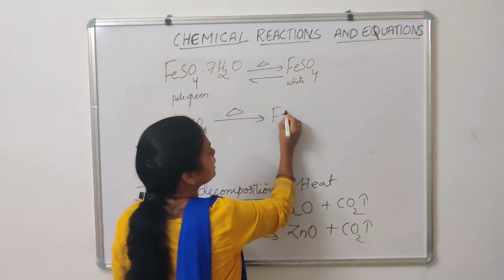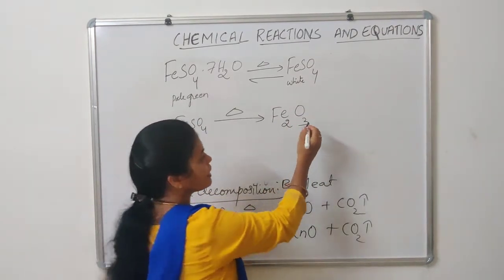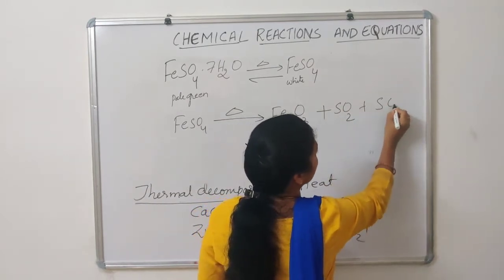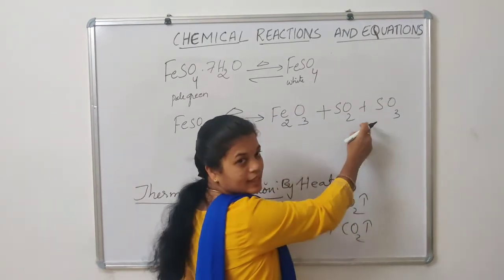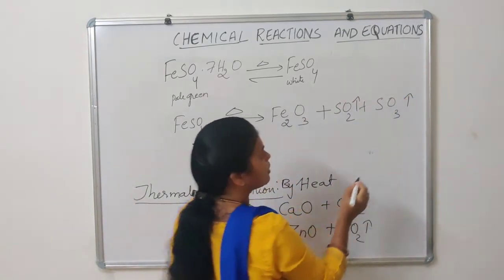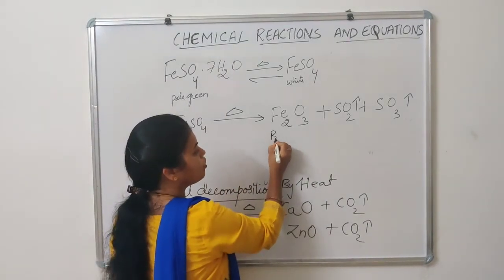Iron sulfate decomposes to iron oxide, or ferric oxide. Two other products are formed, SO2 and SO3, sulfur dioxide and sulfur trioxide gas. These gases are evolved, and iron oxide is brown in color.